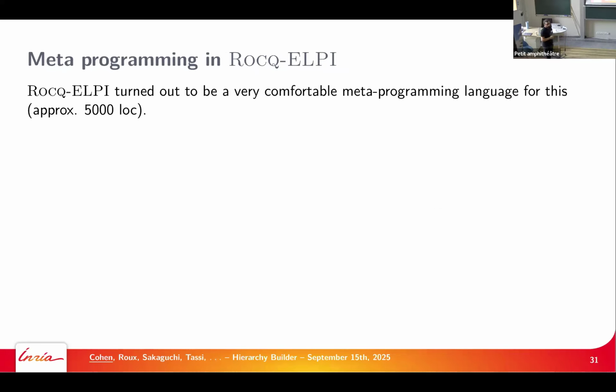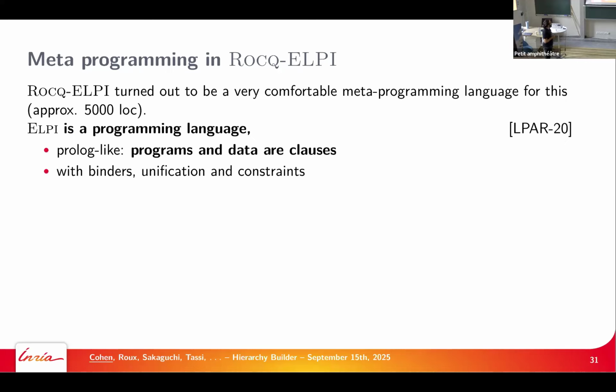Okay, so just a little bit, because I need to praise LP and Rocq LP. For me, it's a fantastic metaprogramming language. The initial version I didn't update because it's very hard to keep track of the number of current lines of code, but the very first prototype that made the whole Mathematical Components library compile was approximately 5,000 lines of LP code.